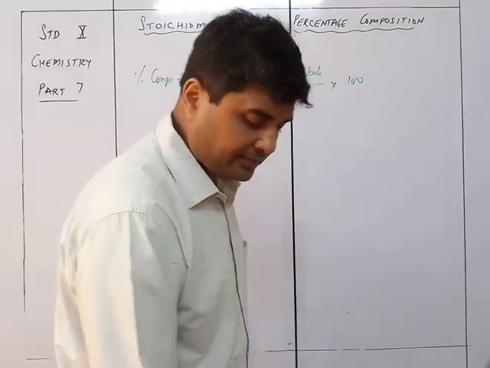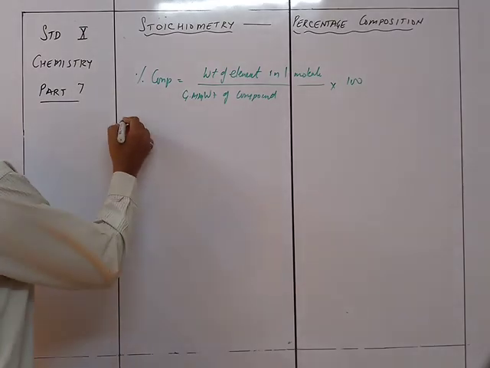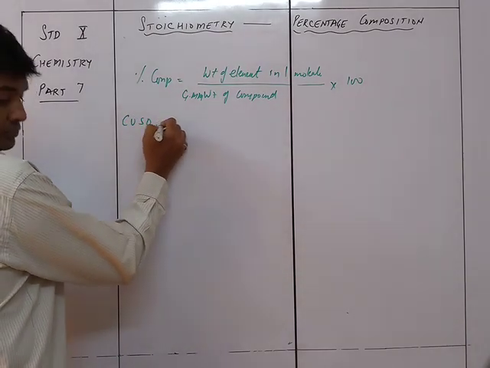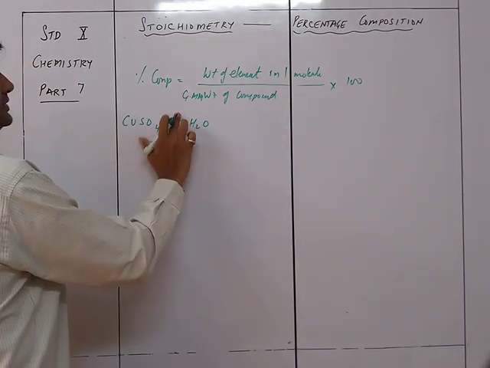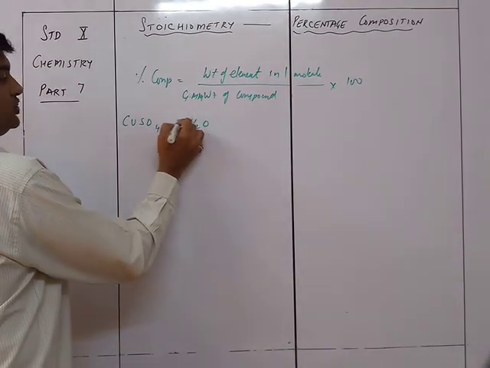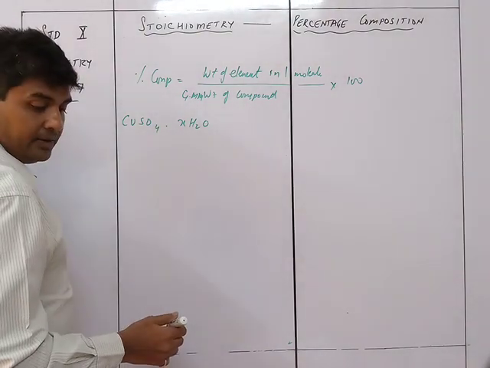So we are given CuSO4.XH2O, and you want to find out what this X is.